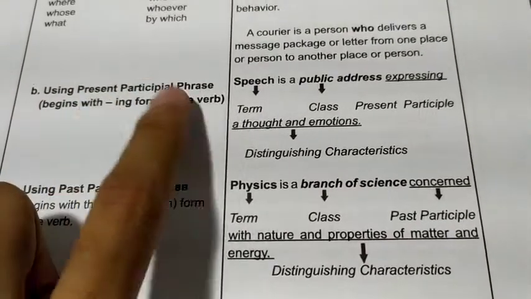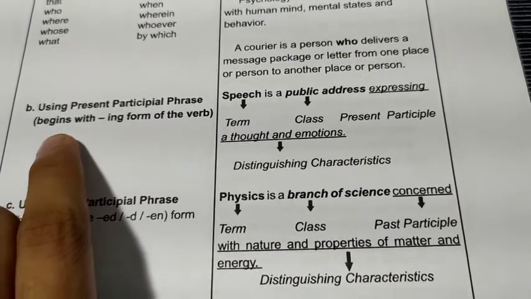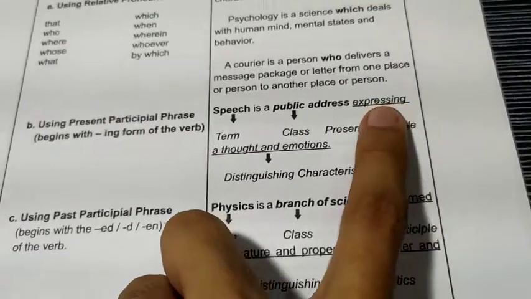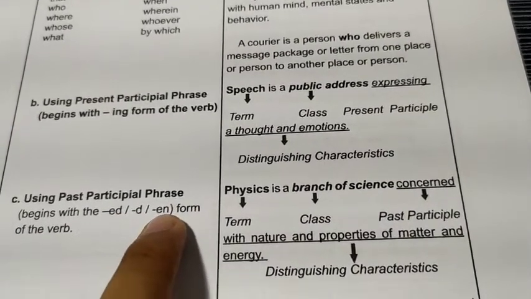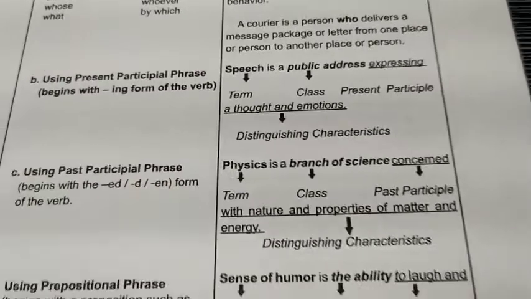A present participial phrase begins with or contains words ending with -ing. Participial phrase, -ing; then -ed, -en, it is a past participial phrase.